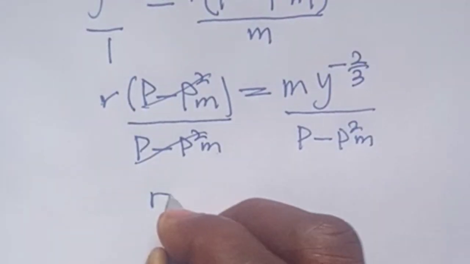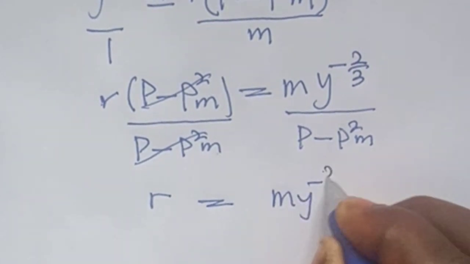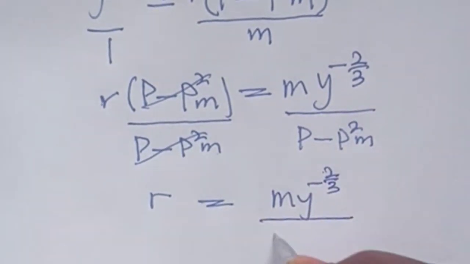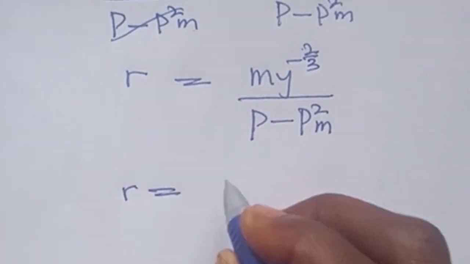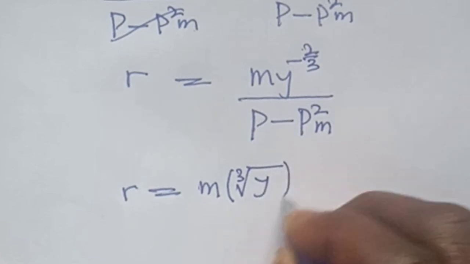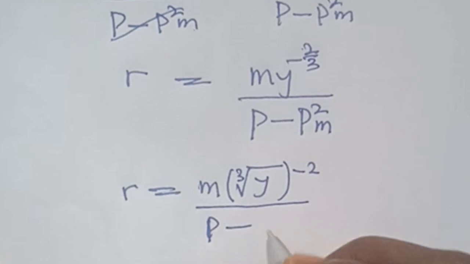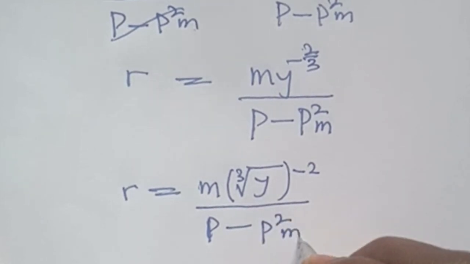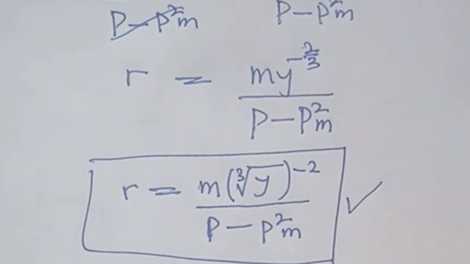What will be left is r equals m y to the power of minus 2 over 3 all over p minus p to the power of 2 m. In another form, r can be regarded as m times the cube root of y to the power of minus 2, all over p minus p to the power of 2 m. And this is the value for r.